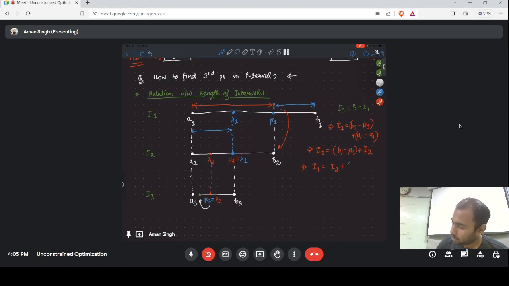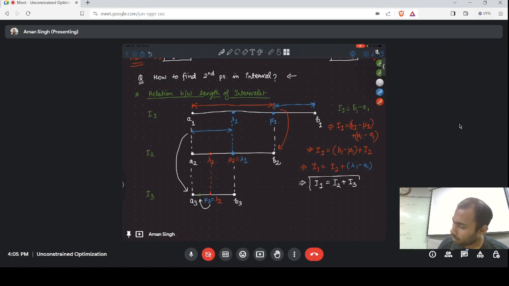So we can write this as lambda 1 minus a1, which turns out to be equal to the length of I3, correct? So I1 is equal to I2 plus I3.